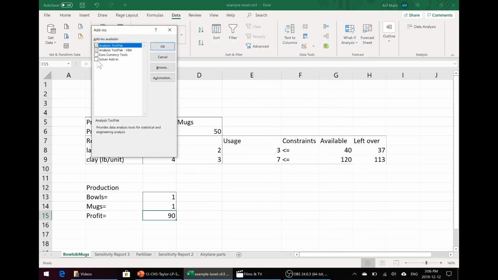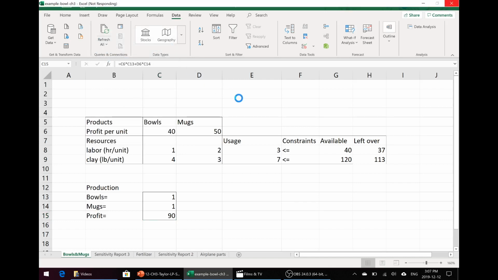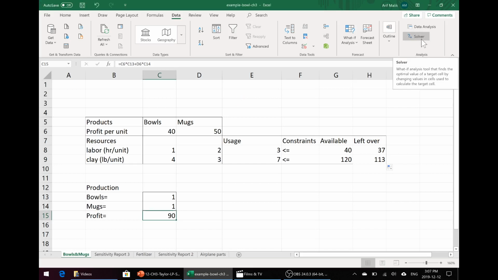We just tick this one and say OK. It takes a little time, and we got Solver here in the analysis.